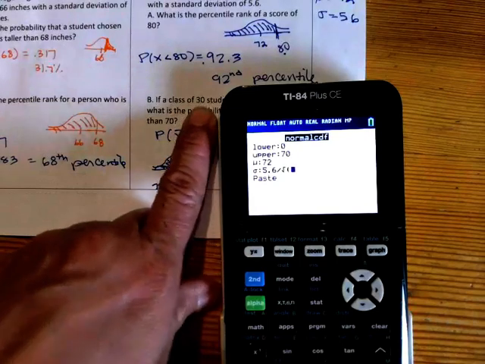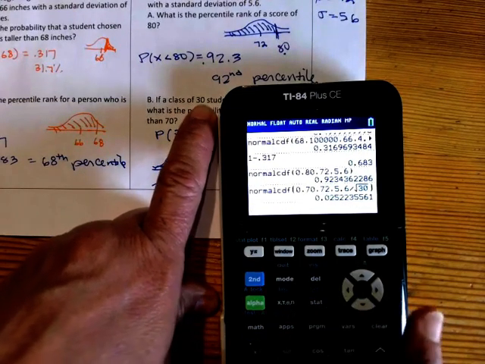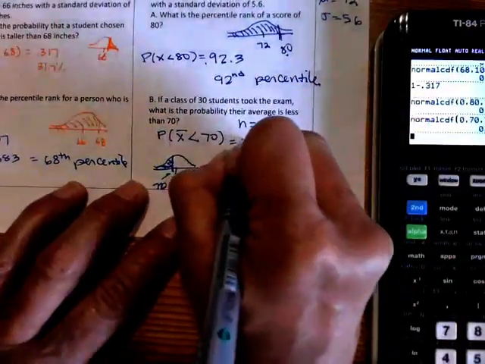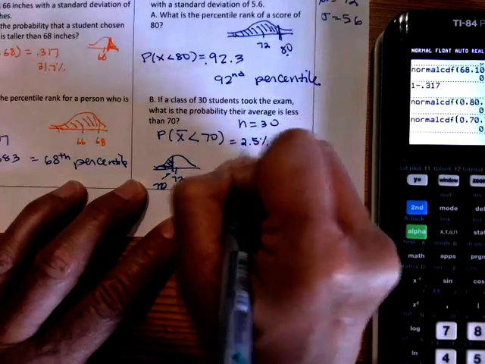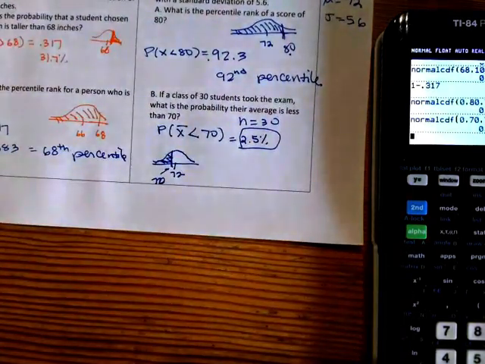The N we had was 30. So there is a 2.5% chance, or I should say 2.5% of all classes of 30 who take that exam are going to have an average less than 70.